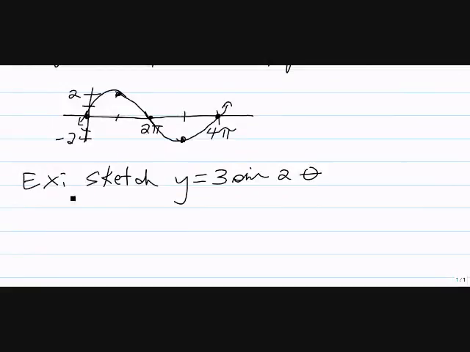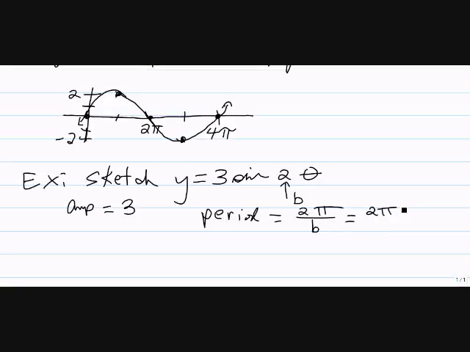I find my amplitude, and that is the absolute value of 3, so my amplitude is 3. And then I'm not going to use the number of cycles between 0 and 2 pi. I'm going to use this b number in the formula that period is equal to 2 pi divided by b. B is 2, so my period is 2 pi divided by 2. My period is pi.